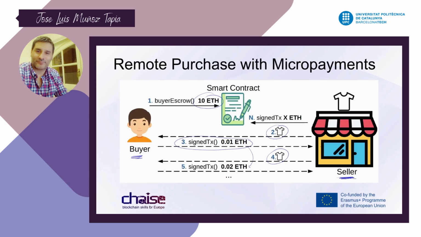Then I create signed transactions with a higher value. But these transactions are not sent to the blockchain. This is called a payment channel. They are kept by the seller, and when we finish our relationship, the seller just sends the last transaction with the highest amount, paying only one fee.